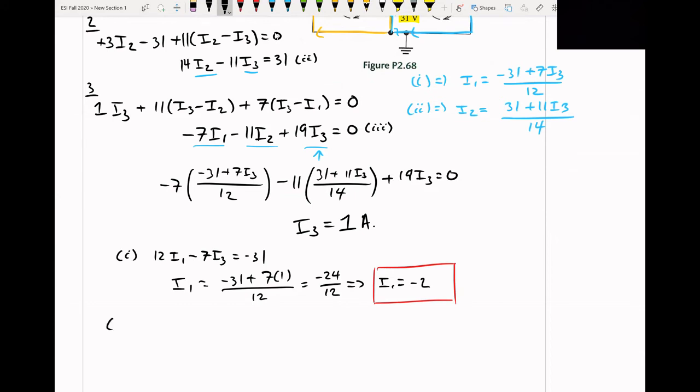And then if we jump to equation 2, I2 is equal to 31 plus 11 times 1 over 14, which gives us 42 over 14. And that gives us a value for I2 of 3 amps.